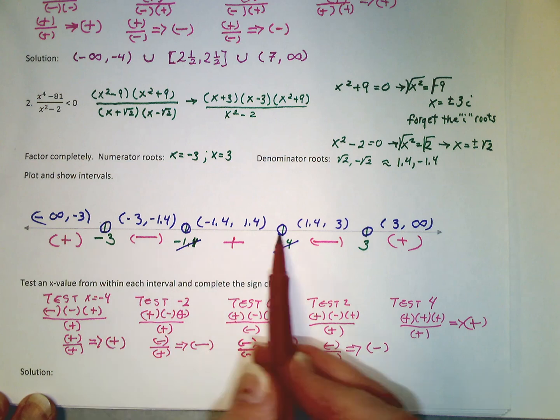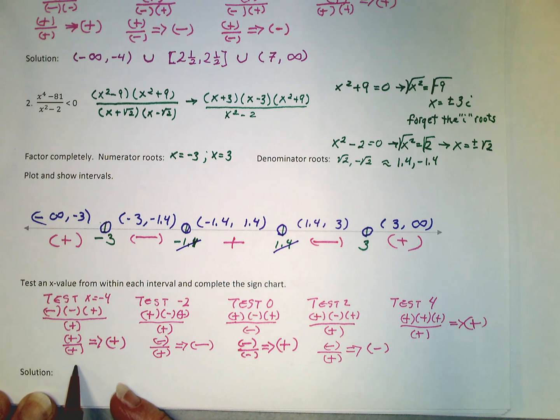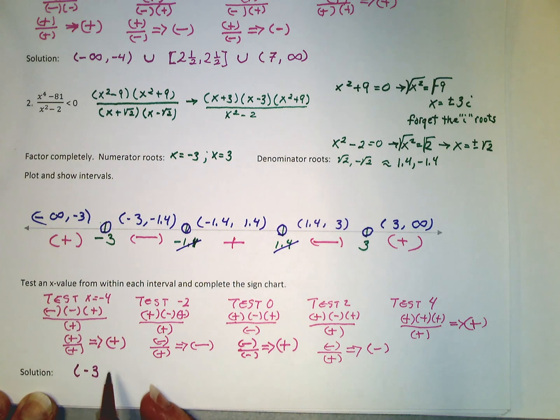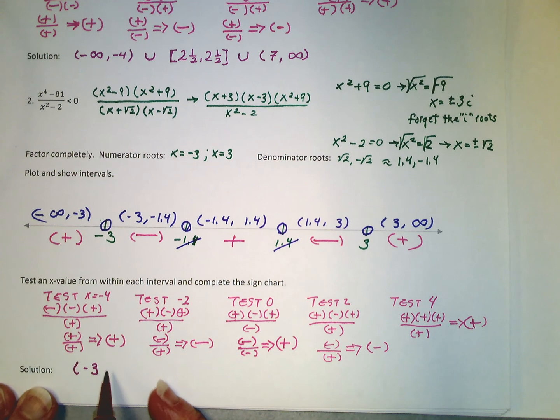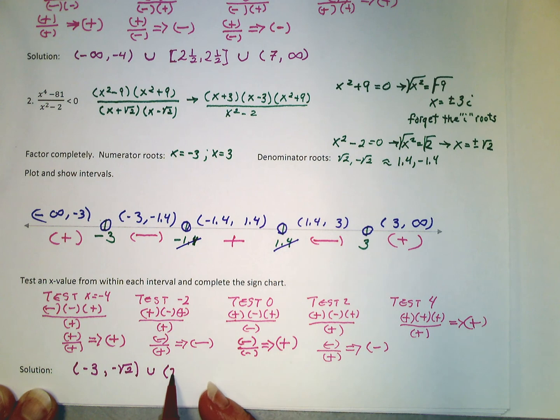There aren't any places that make it equal to 0, and we don't care if they did. So it looks like it's going to be from negative 3. Now the exact answer would be negative square root of 2, union this part right here, positive square root of 2 up to 3.